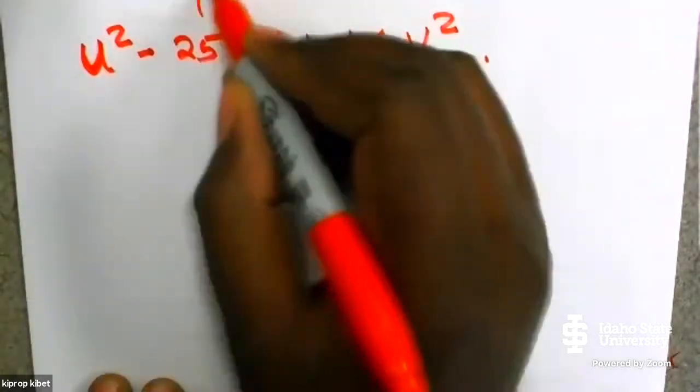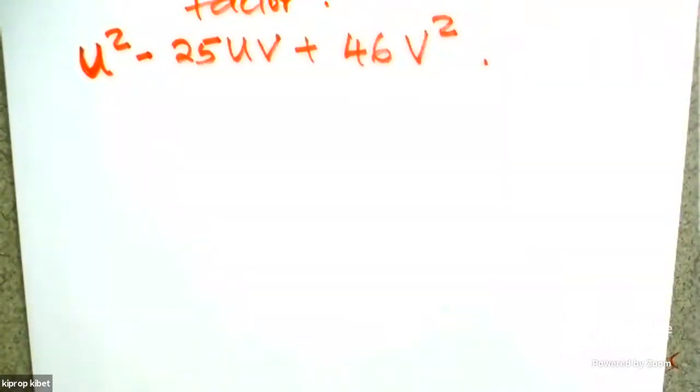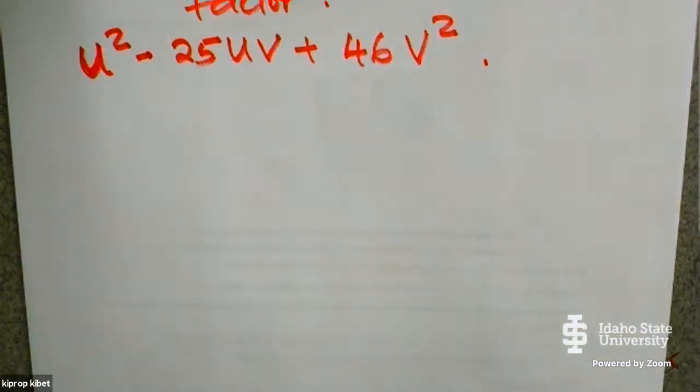Then you solve to factor that. Now, using the AC method, what is the sum and what is the product?